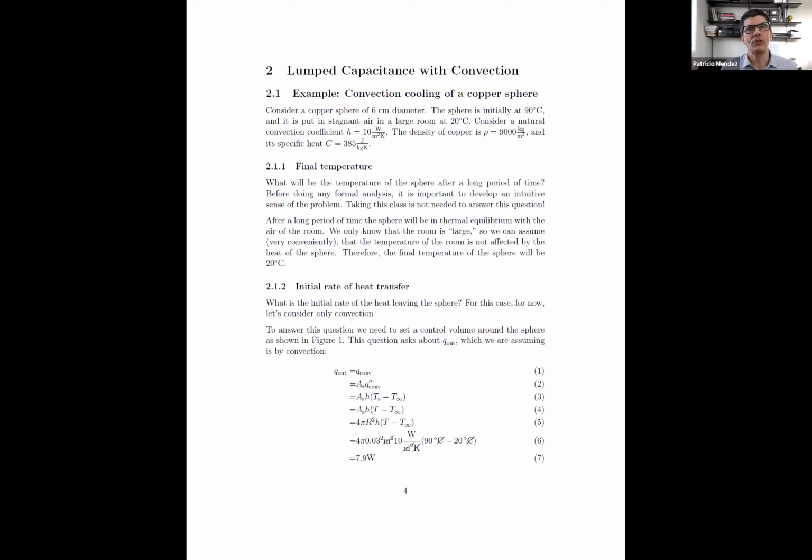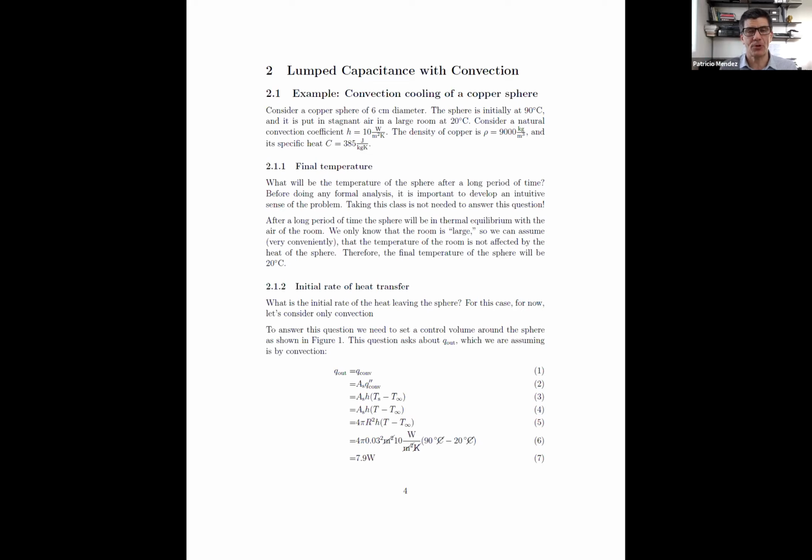It doesn't need to be a sphere; the example of the copper sphere is so I can use easy numbers, but it can be many other things. If this body, whatever shape it has, is immersed in a fluid, whatever fluid it is, after enough time, if there is no heat generation, the final temperature is going to be that of the fluid.